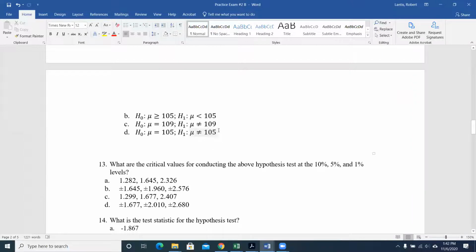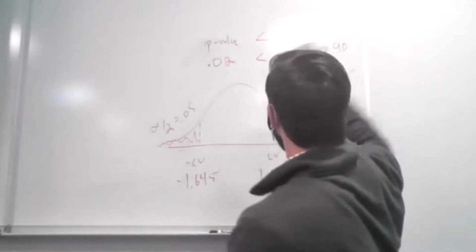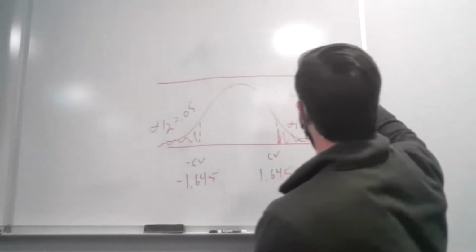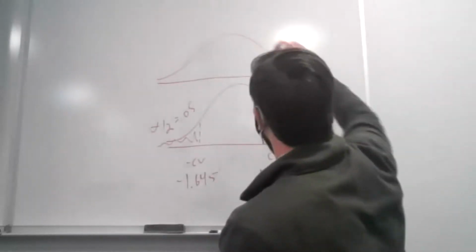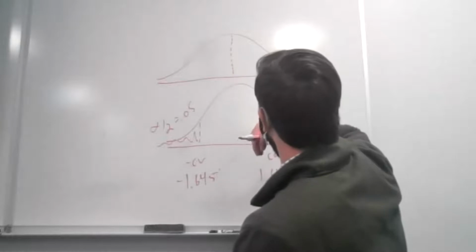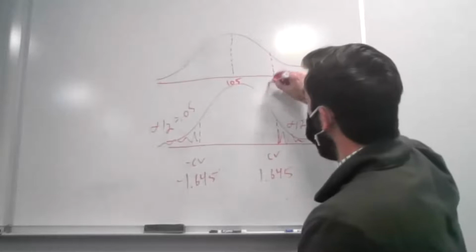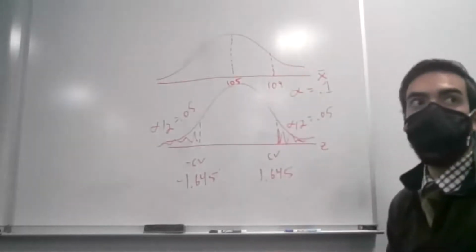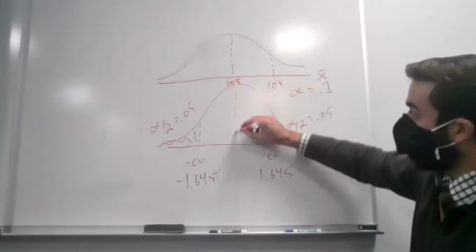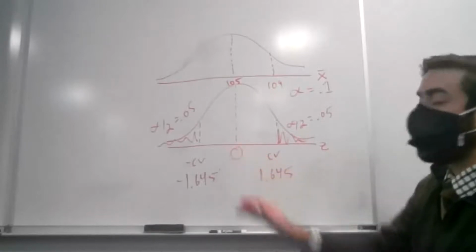Now, one way we could actually rule out some of the answers here as well is, so I have this sample mean distribution, right? And I assumed that 105 was the value in that null alternative hypothesis. The sample mean I found was 109. I know that my test statistic, if I was to turn that assumed true value into a z statistic, it would have a z statistic of 0, right?